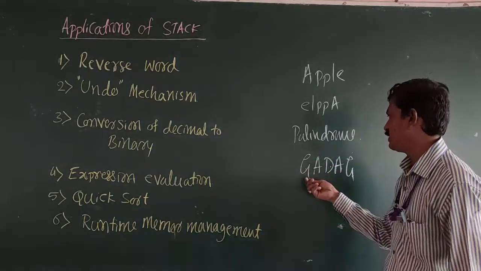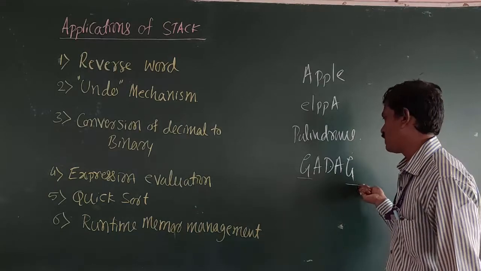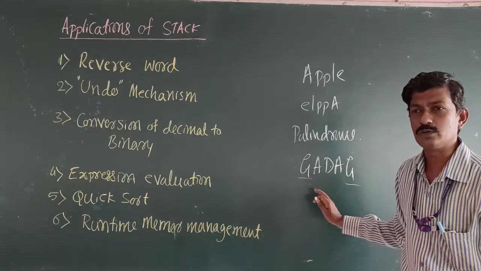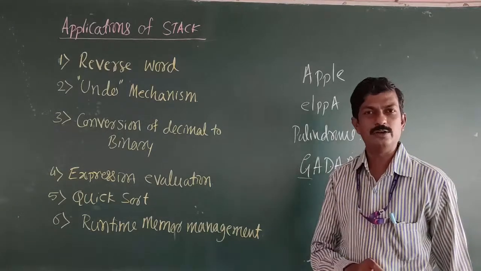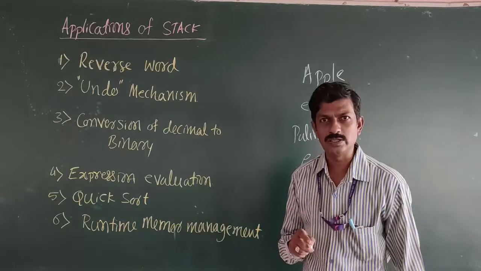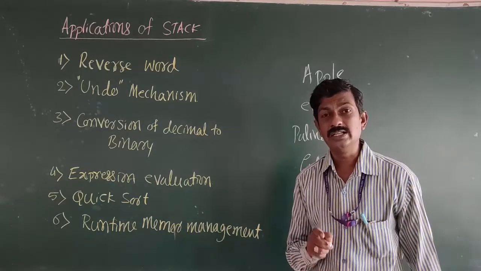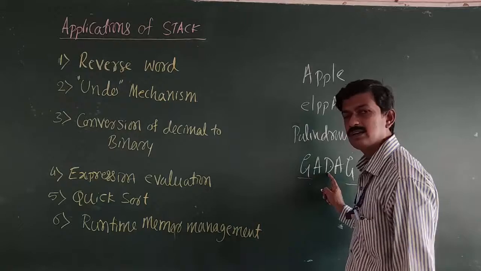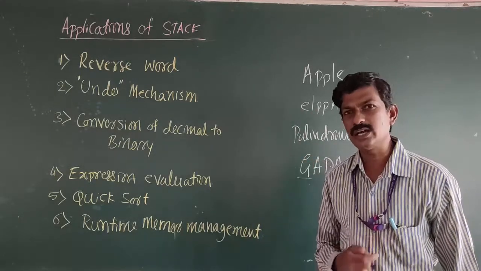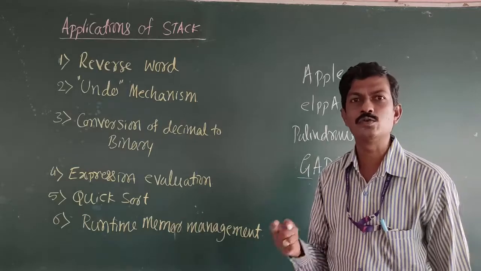You can read this word from both ends with the same meaning. Those are called palindromes. If you want to check whether a given string is a palindrome or not, then we have to reverse the given word and compare it with the original word. Then only we come to know whether the given string is a palindrome or not.